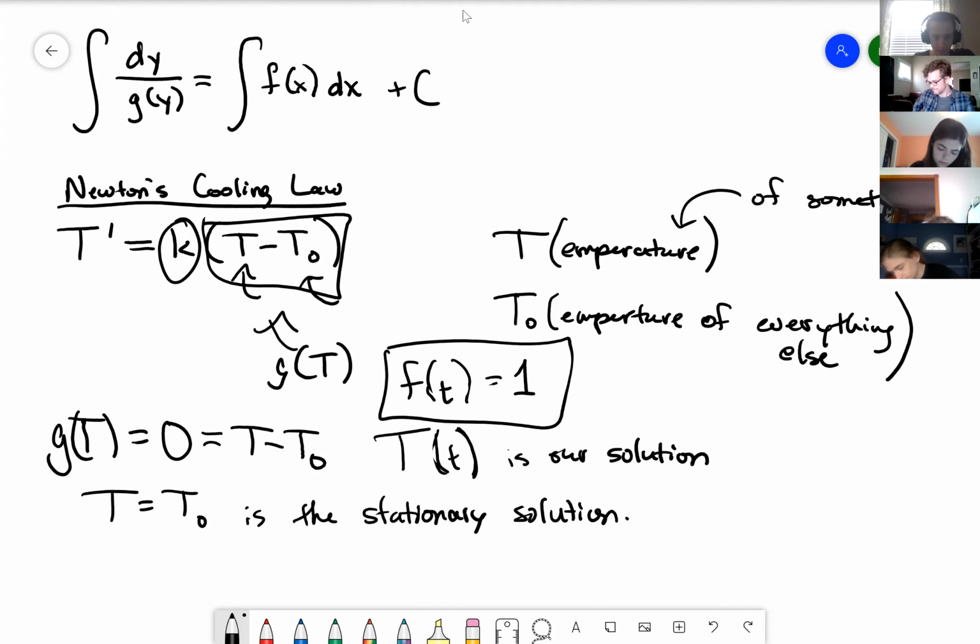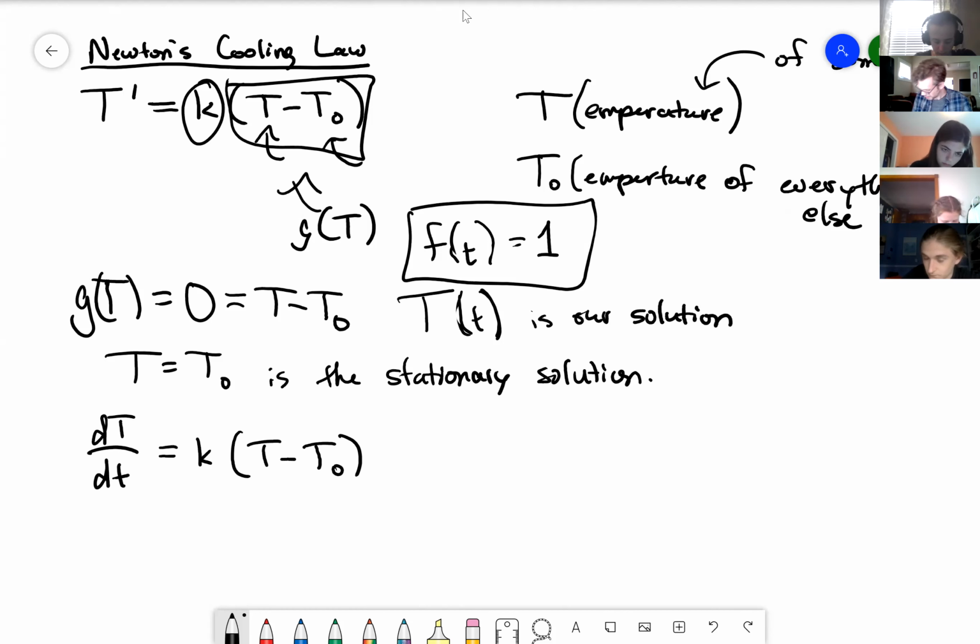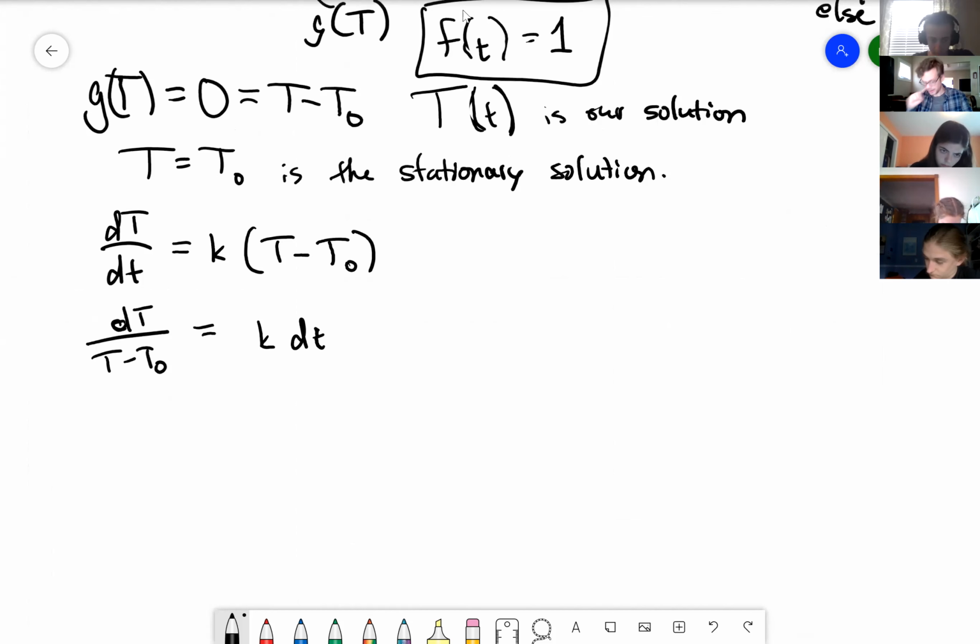Now we can solve this thing. We'll write dT, capital T, over dt, lowercase, equals k times T minus T0, and what we'll get is 1 over T minus T0 dT equals k dt. And this is one that we know how to solve.